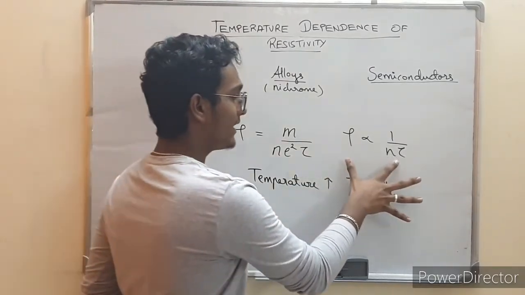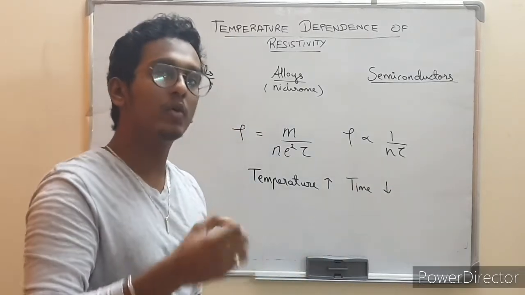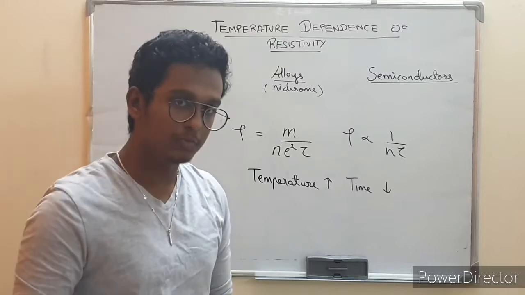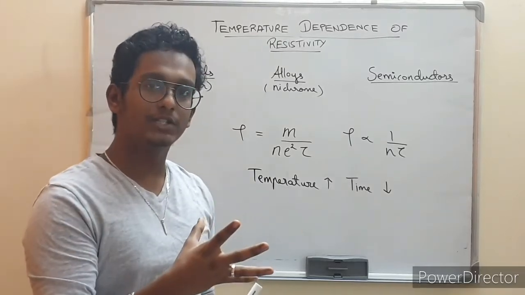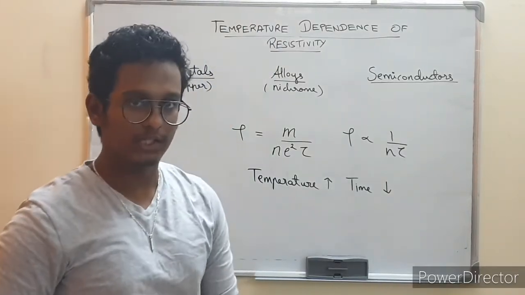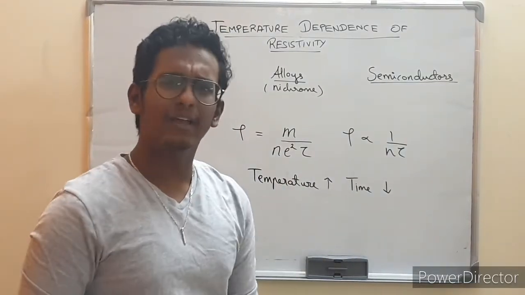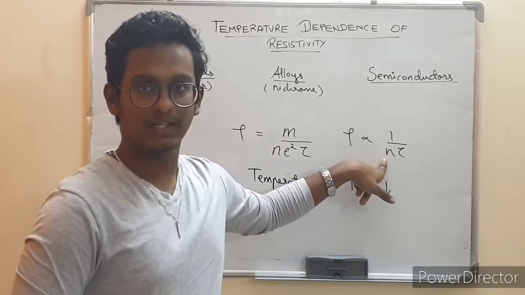So in semiconductors, what happens when you give more energy is that more electrons, more ions, are made free to move. They escape from their energy gap and can jump to the next energy level. That means you have created more electrons or ions. So n increases in this case.